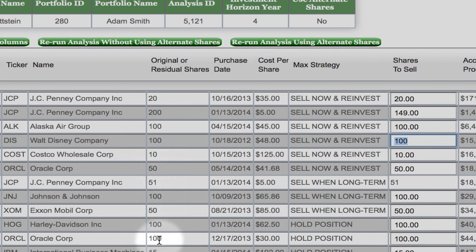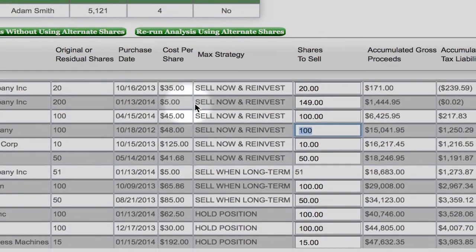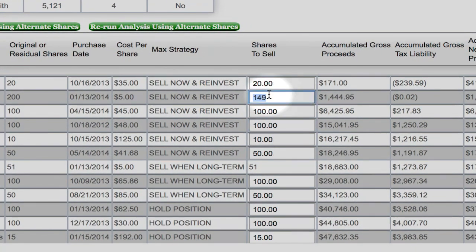Since each tax lot can have only one shares to sell designation at the tax lot level, and an individual tax lot may be included in the ranking process more than once as a result of being split up, we only allow an input for a tax lot designation from the results page on the first or highest ranking iteration of a tax lot within the shares to sell ranking sequence.